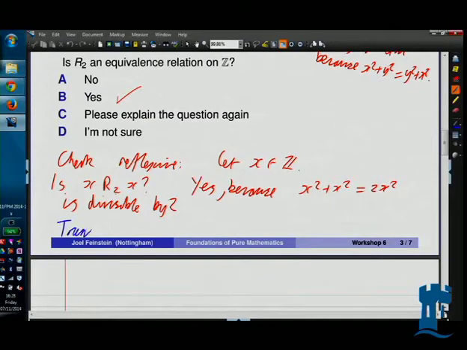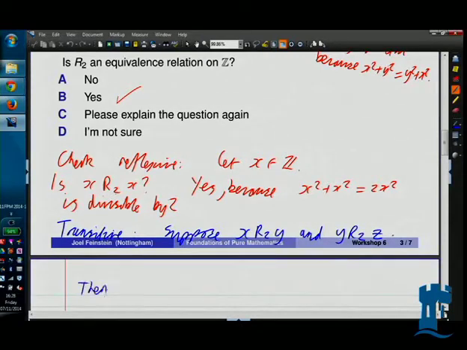Now, if you haven't spotted the shortcut, this is the bit that's least obvious. Suppose x R2 y and y R2 z. I wish I'd used rho.